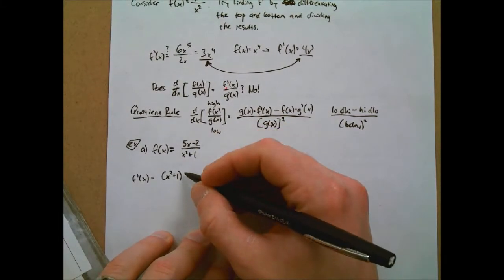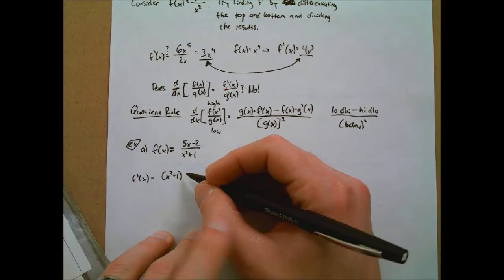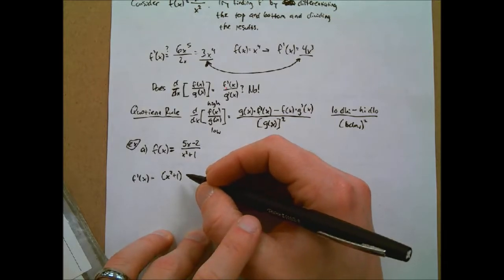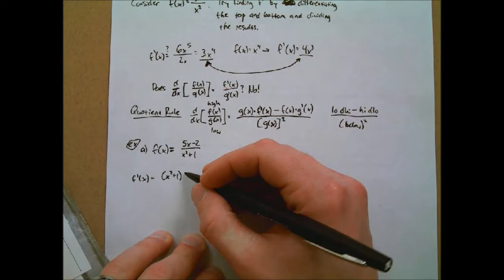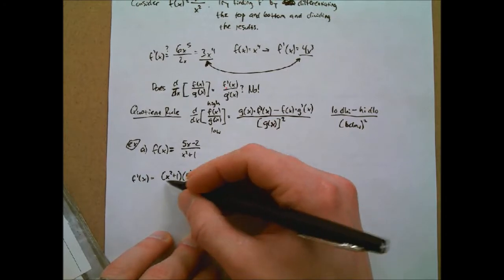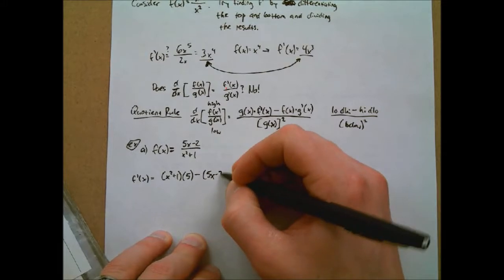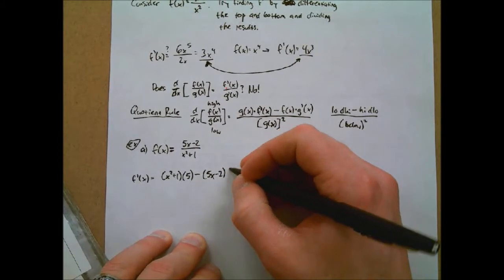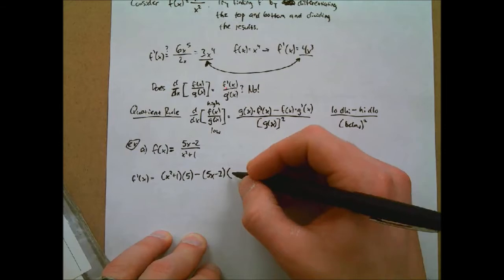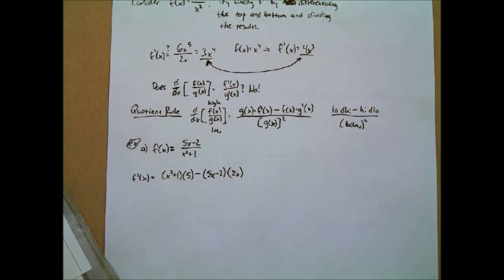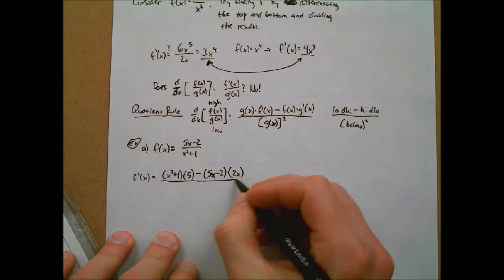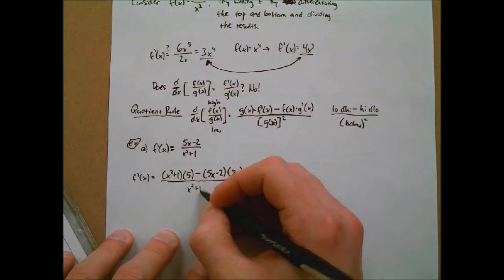It's going to be 5. So low d high minus high, 5x minus 2, d low. What's the derivative of the bottom? 2x, the derivative of x squared plus 1. All over the square of what's below: x squared plus 1 quantity squared.